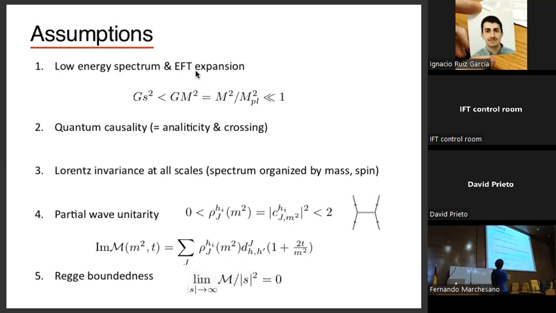The fact that there's an EFT expansion, the fact that we have causality, which is encoded in the analyticity and crossing symmetry of the amplitude, Lorentz invariance at all scales, the fact that the spectrum is organized in terms of a mass and spin, partial wave unitarity, that the 4-particle amplitude has a positive expansion in terms of partial waves. So the spectral densities are like the couplings of the gravitons to higher spin stuff. And then some notion of Regge boundedness, the fact that the amplitude has to grow slower than s squared.